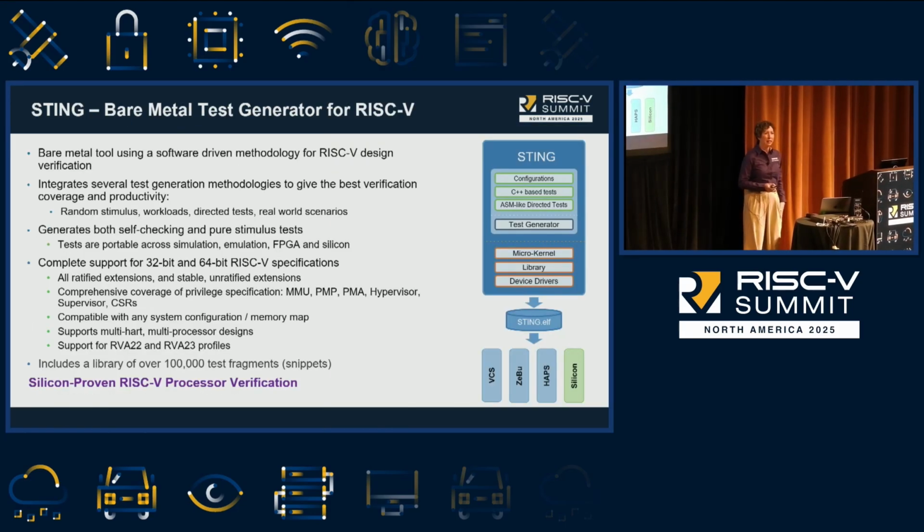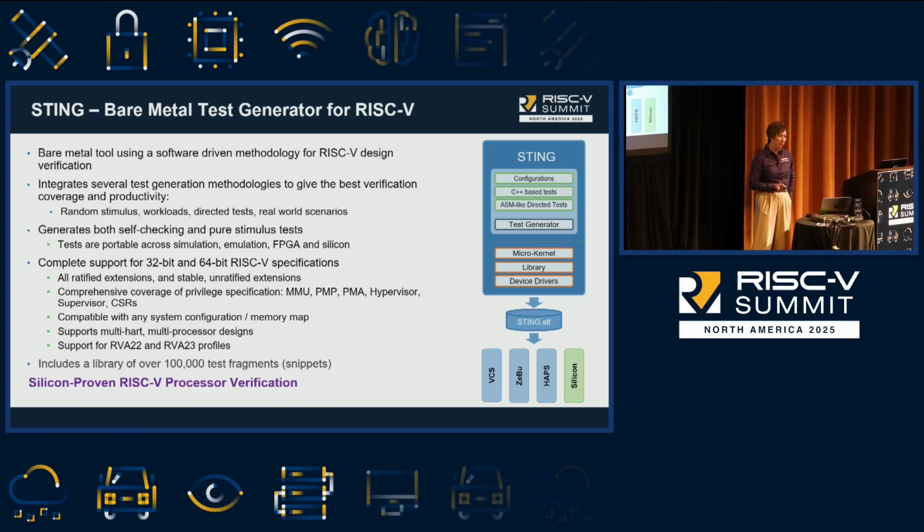Okay, so if you remember back to the first slide, in our verification requirements, there are two key components. We need complex test stimulus, and we need a fast execution platform. And the complex test stimulus component comes from Sting. Sting is a bare metal generator of self-checking tests. It can work in a variety of different stimulus mechanisms.